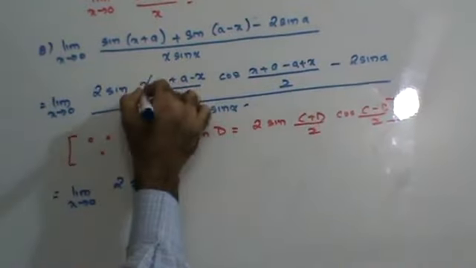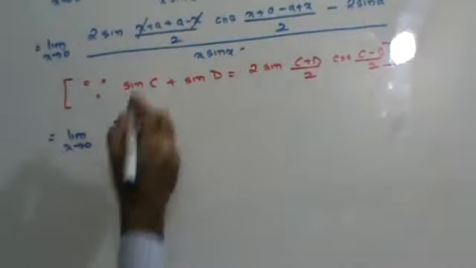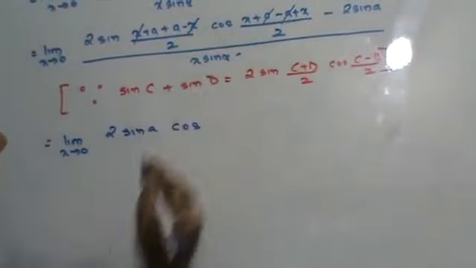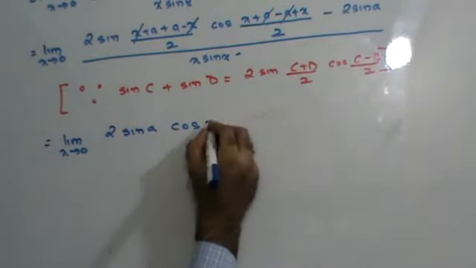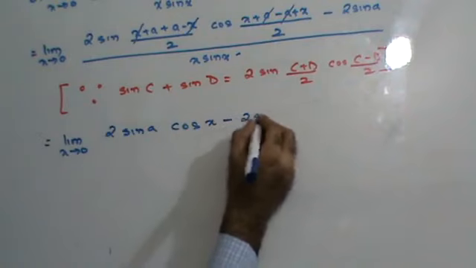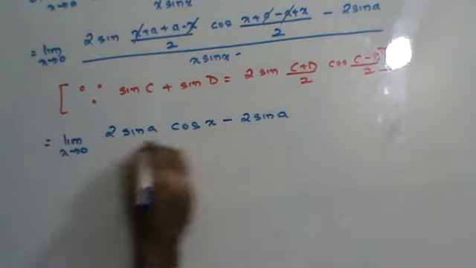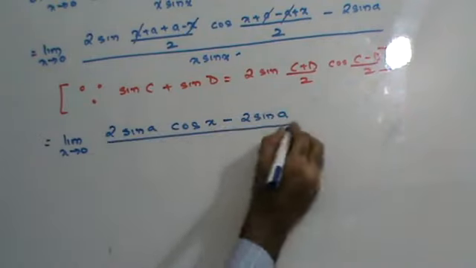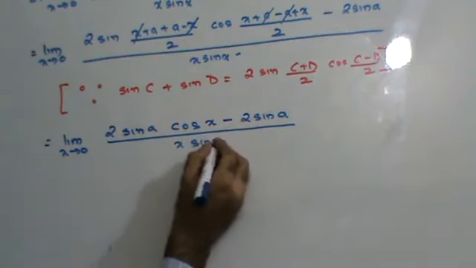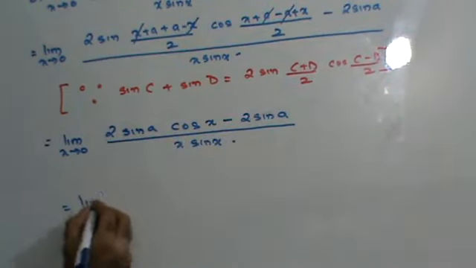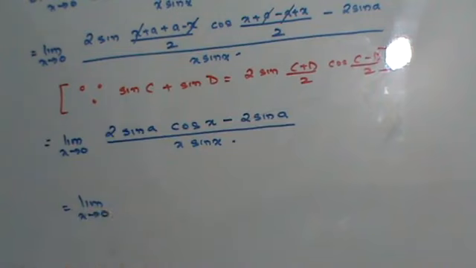Now, plus x minus x gets cancelled. 2a upon 2 is sin a cos. Plus a minus a gets cancelled. 2x upon 2 is x, minus 2 sin a upon x sin x.